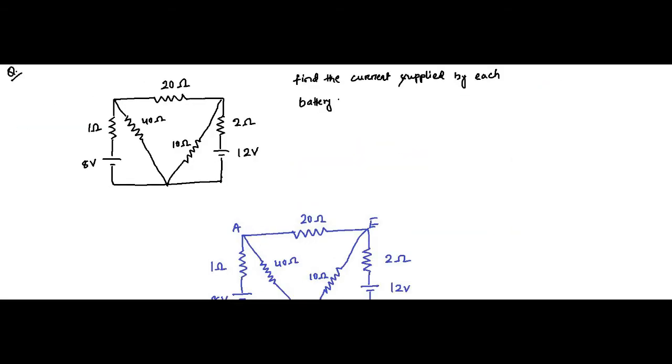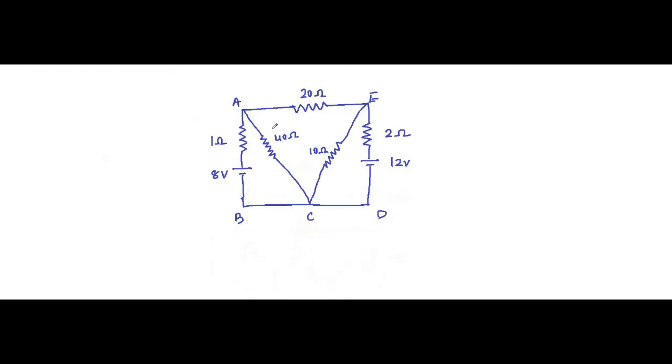Hello friends. So here we are with another question on KVL and KCL application. This is the circuit diagram that we have, and it has been asked to find the current supplied by each voltage source, each battery. There are two voltage sources, 8 volt and 12 volt, and we have to find out the current supplied by each.